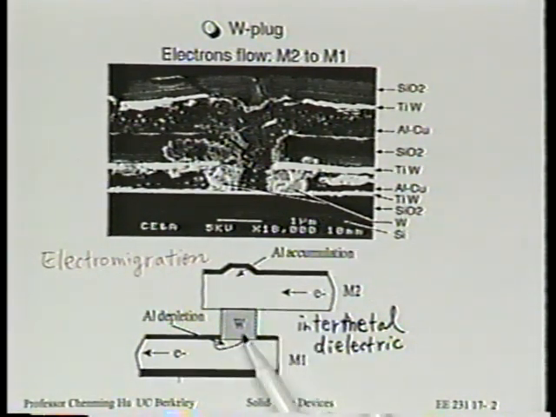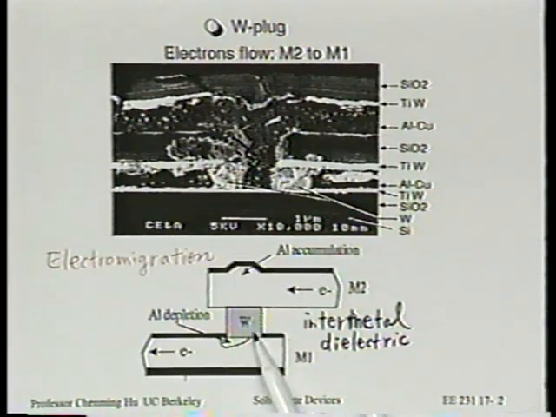So aluminum will be pushed by the electrons along the direction of electron flow, but tungsten doesn't move. All right? So you're going to have a void, a hole. Can you see how that can increase resistance? And in fact, this can even give you a sort of positive feedback in that there's less contact here, there will be a larger current density, and this is going to happen even more. Yes, Tori.